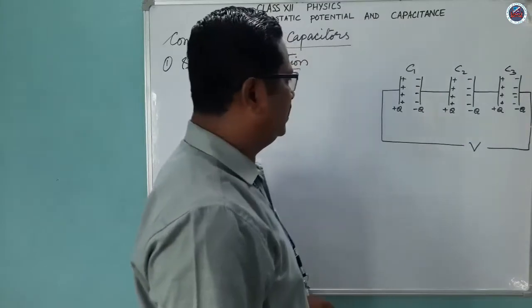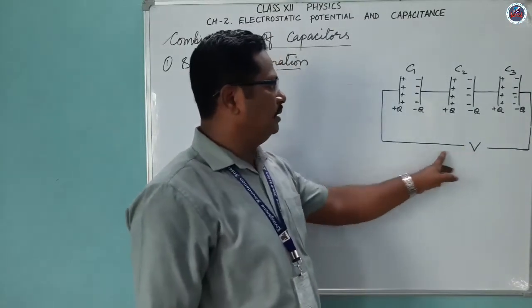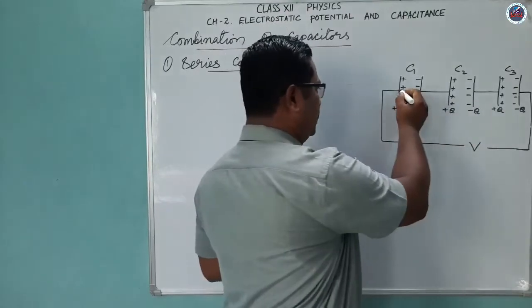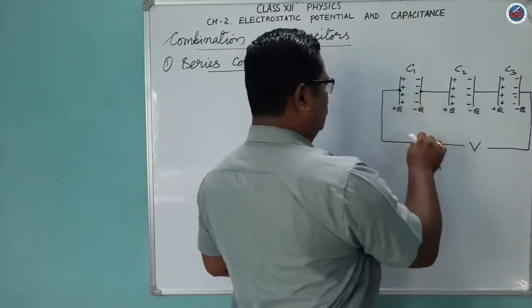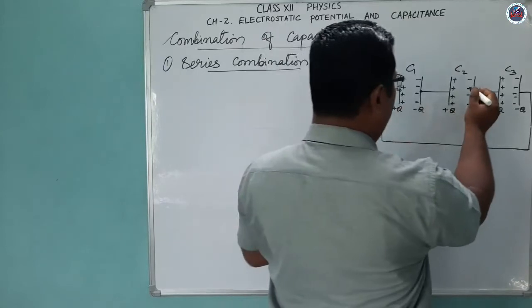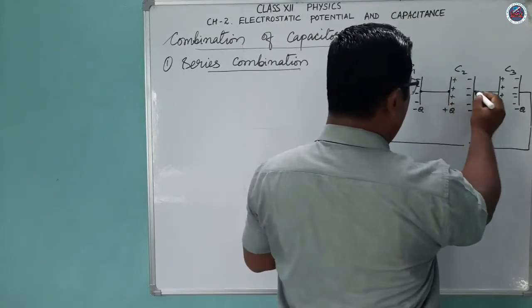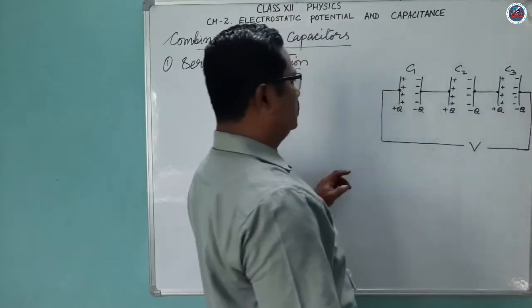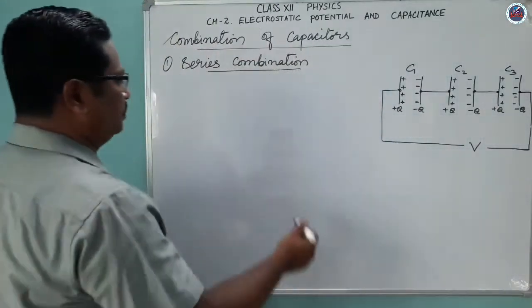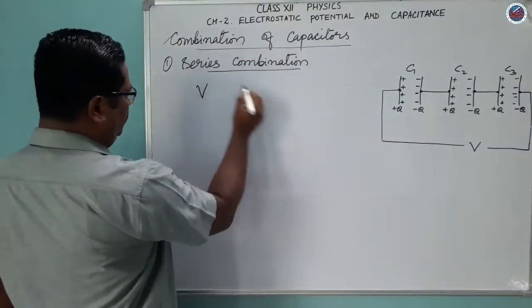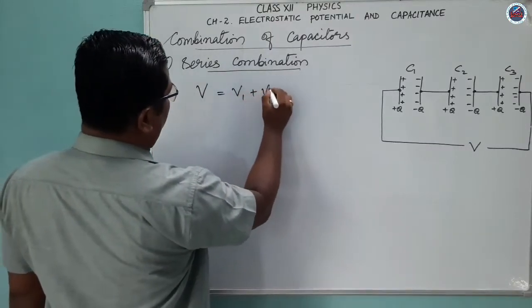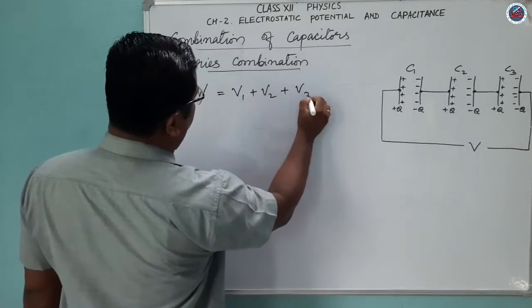Now as you can see here, the potential across all three capacitors will not be the same, because the two endpoints of one capacitor are not the same as the endpoints of the next capacitor, and so on. The potentials are different. So the total potential applied will be the sum total of V1 plus V2 plus V3.